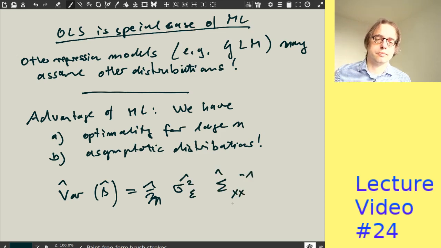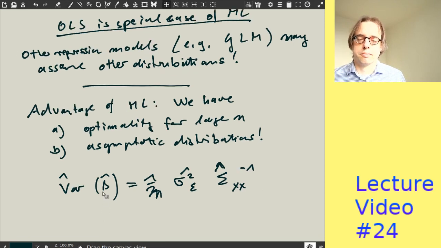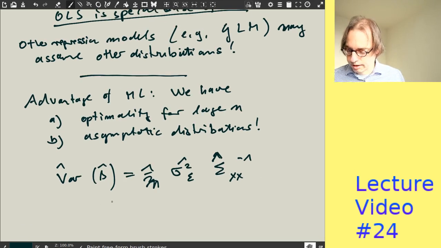This also shows that if the noise is high, then the variance is high, and likewise the precision, so the inverse of a covariance matrix is called the precision. So the correlation between the predictors has an influence on the variance of the estimates.